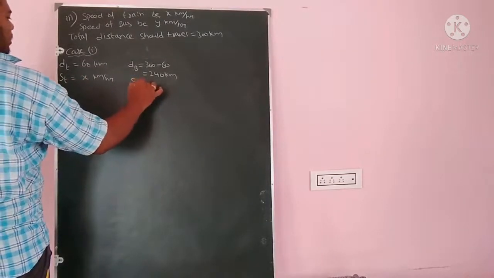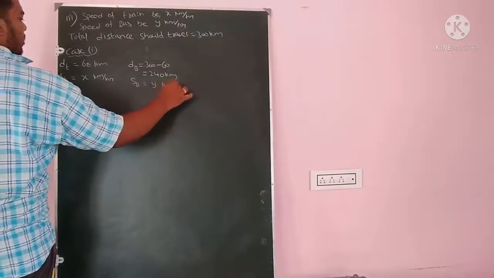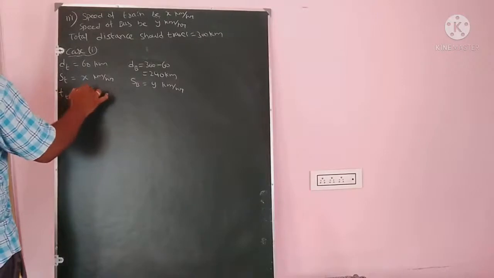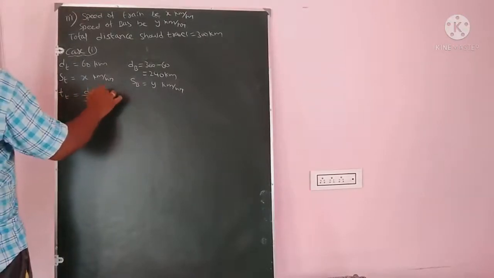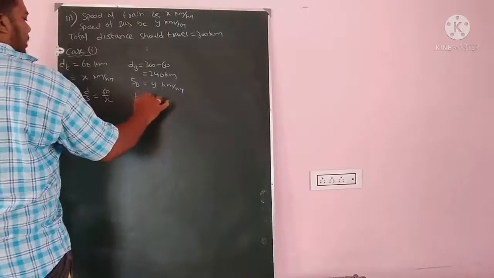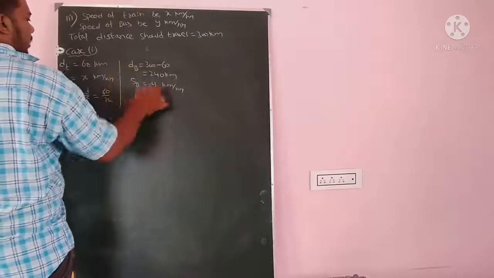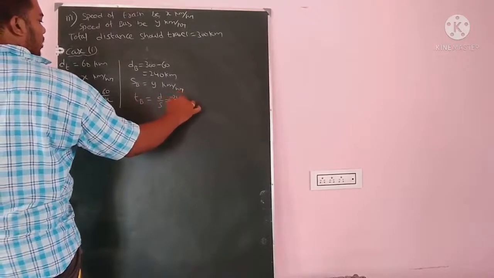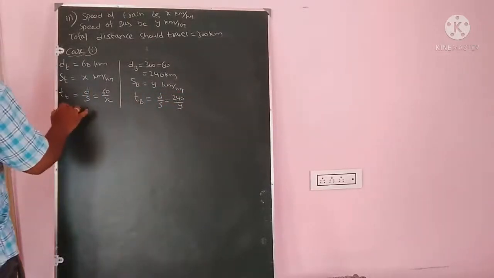Speed of the bus is y kilometers per hour. So time taken we don't know, so time is distance by speed, that is 60 by x. Here time taken by bus is distance by speed only, 240 by y.